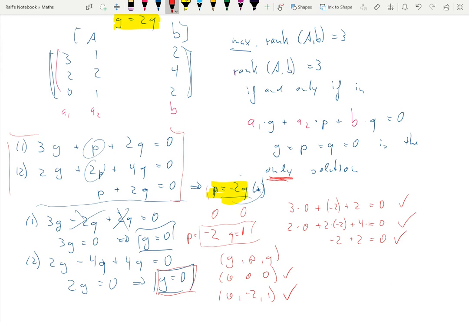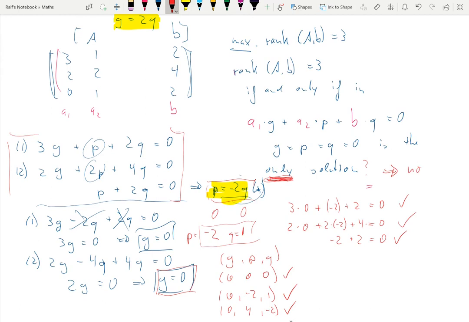Again, all that matters is that this relation is correct. So if Q was negative 2, we would have G equals 0. If Q was negative 2, P would be negative 2 times that, so it would be 4. That is also a solution, and you could find many more solutions. So again, how are we answering this question? Is this the only solution? And the answer is no.